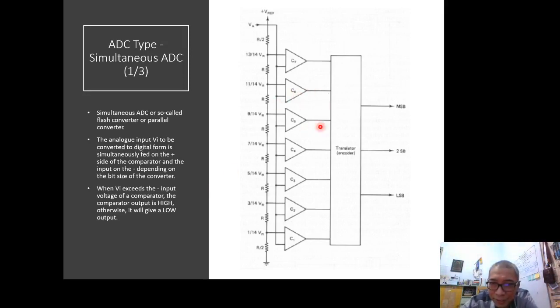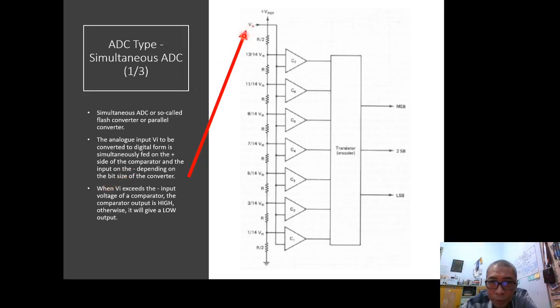Just take a look at this picture here in the slide. The analog input Vi, to be converted to digital form, is simultaneously fed to the plus side of the comparators, and the reference inputs are on the minus side, depending on the bit size of the converter.